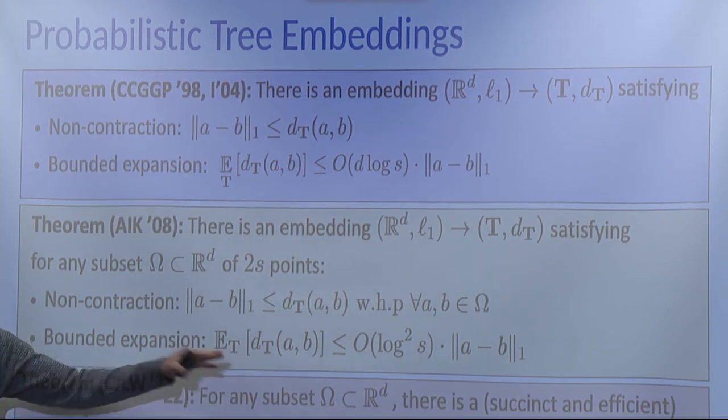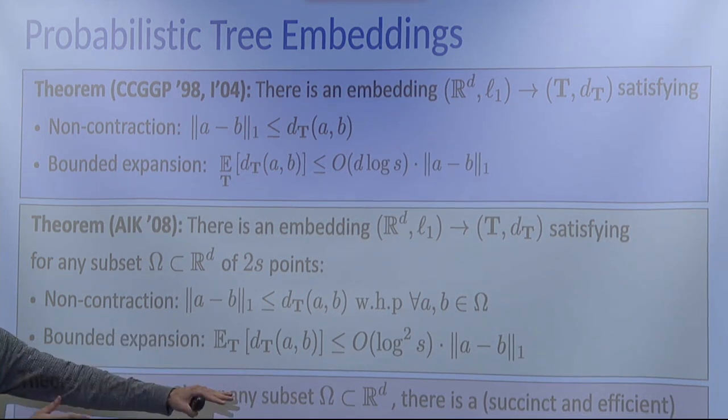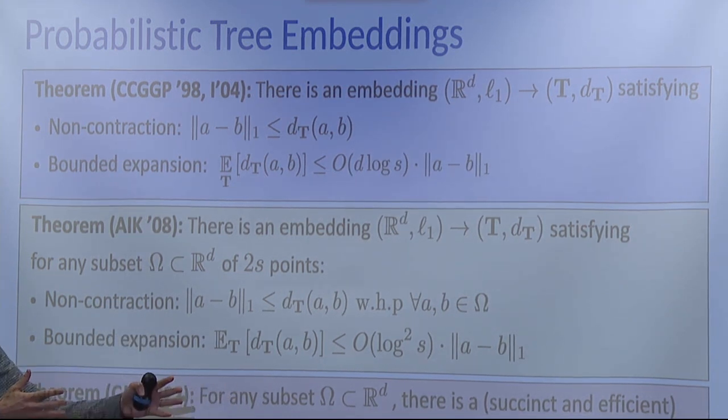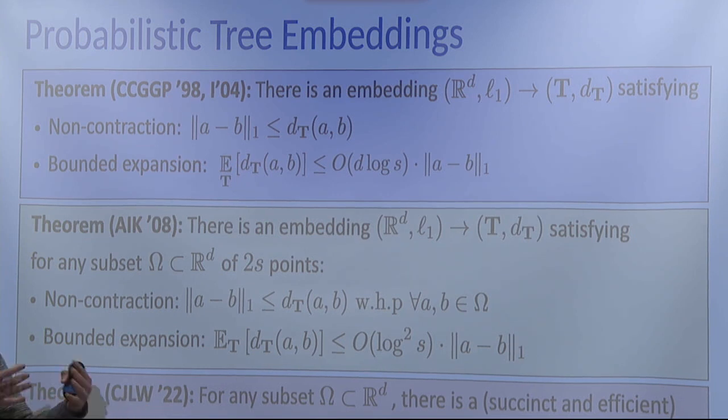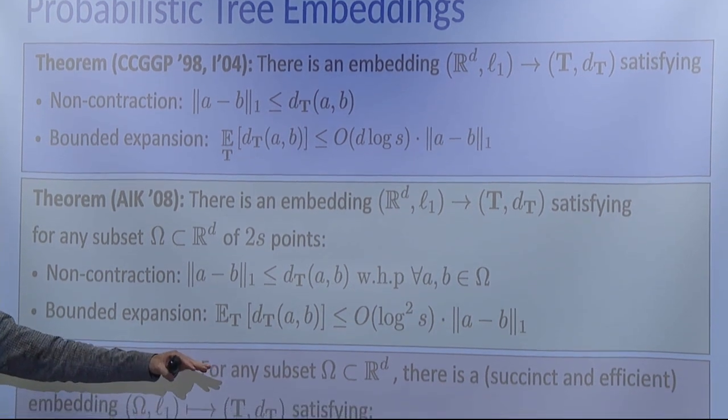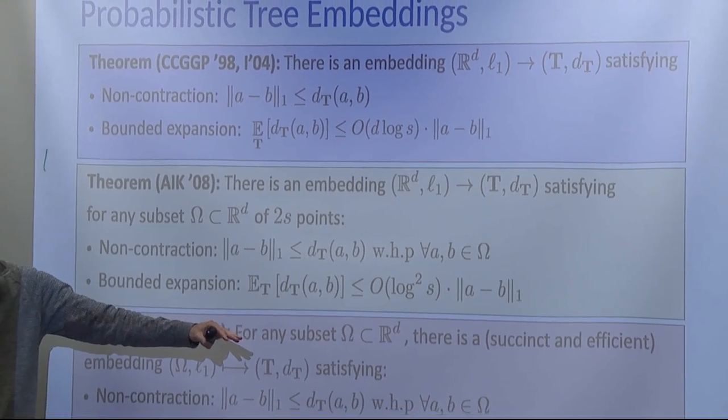Now I'm going to produce a tree embedding for that subset. But in addition, this tree embedding is going to be efficiently computable. If you're familiar with tree embeddings and approximation algorithms, this is never an issue because you get the points and you build the tree for that set of points. But in this setting, we need to make sure that we can compute this embedding very quickly because we're going to need it in our data structure.